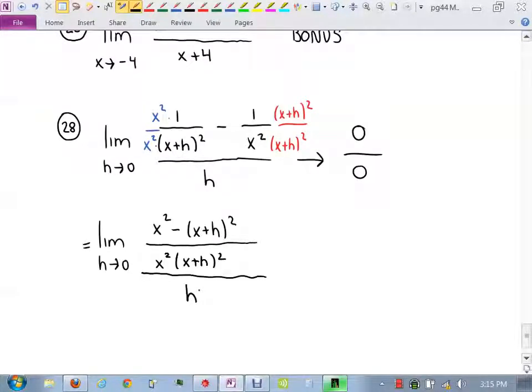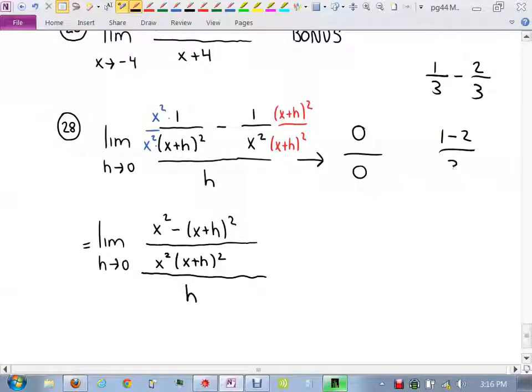What did I do there? I'm not multiplying, I'm adding or subtracting. It comes from the idea, remember with fractions, that if you have like 1/3 minus 2/3, if your denominator is the same, all you do is 1 minus 2 over 3. You keep the same denominator.